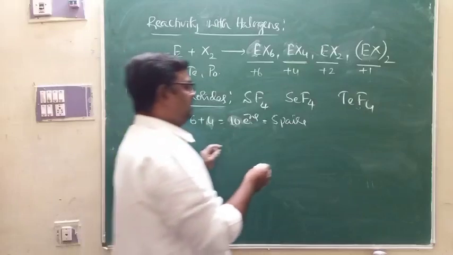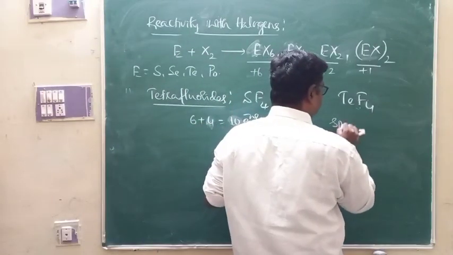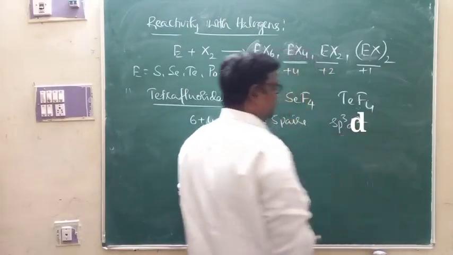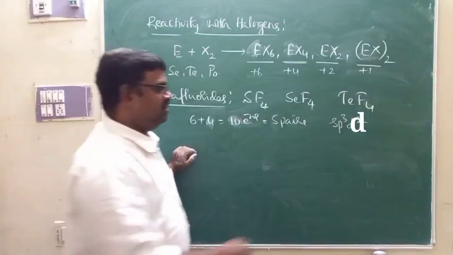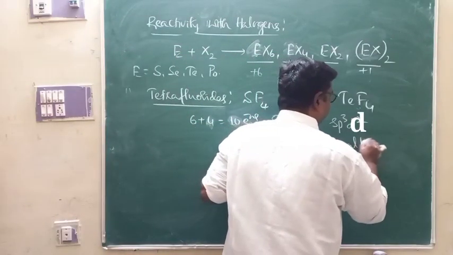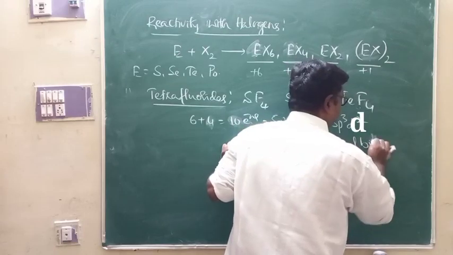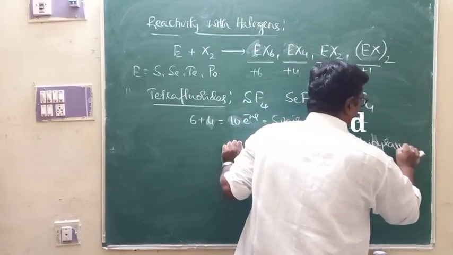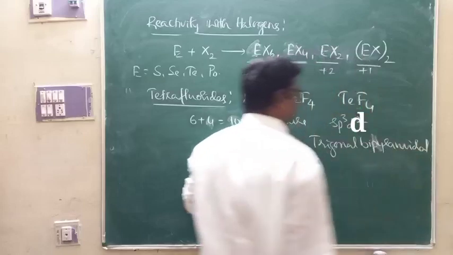Whenever there are 5 pairs of electrons around the central atom, we expect sp3d hybridization with a trigonal bipyramidal shape, just like in PCl5.